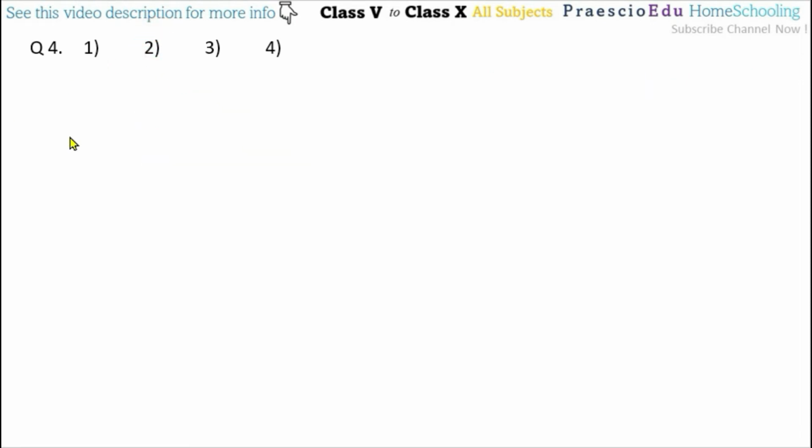Now question number 4. In a code, the number 289 is represented as 12, then 24 and 33. How will you write the numbers 8, 4 and 6? Now if you see this number, make groups of 2 digits, here 2 digits and here 2 digits.